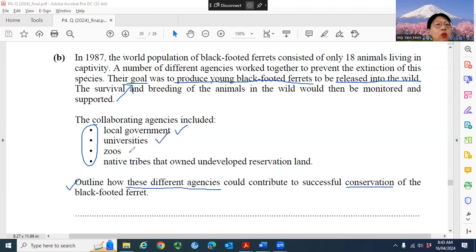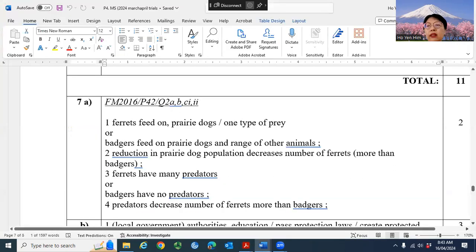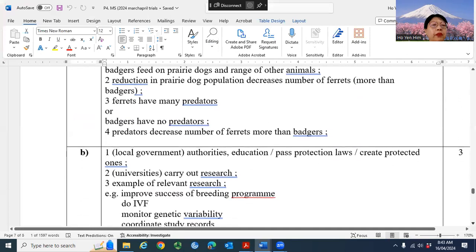What university can do, 1 mark. What zoo can do, 1 mark. What native tribes can do, 1 mark. For each one of them you write 1 point to fulfill that goal. So altogether, you can get a maximum of 3 marks already. It's very easy to get, but you must write your answer to fulfill the question.